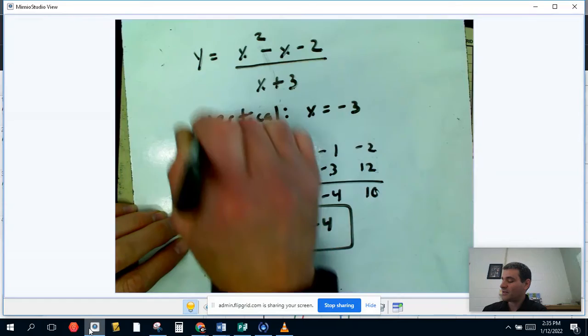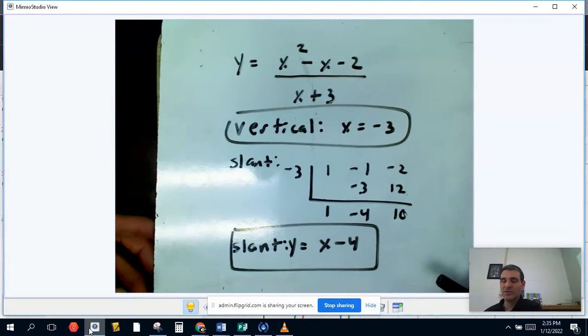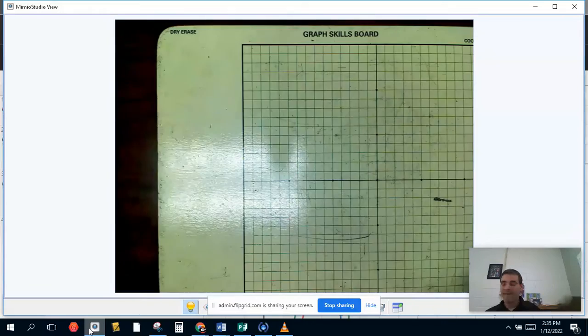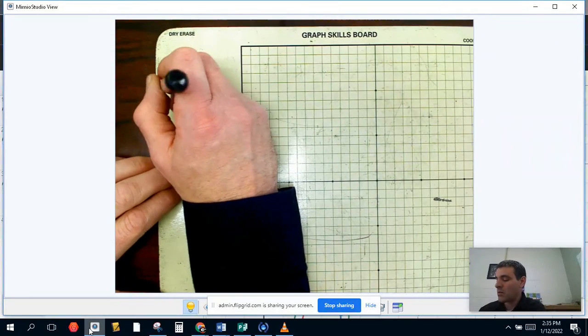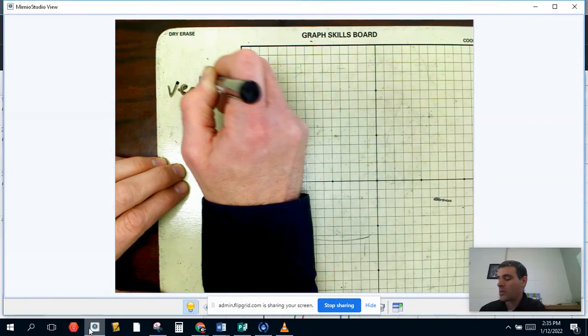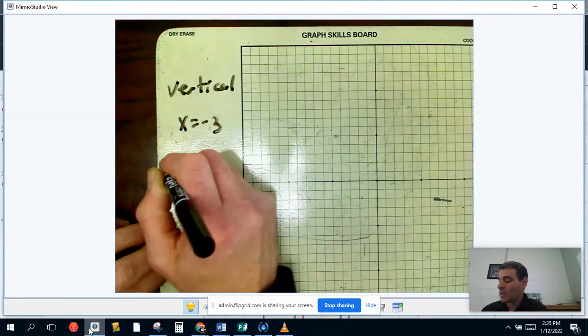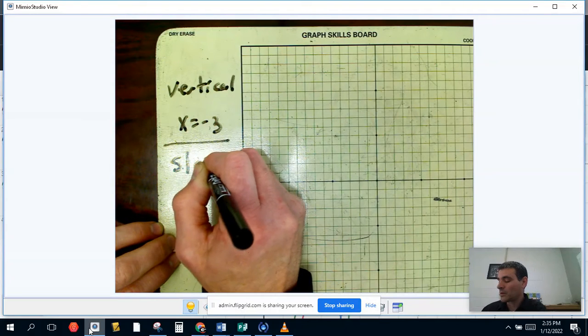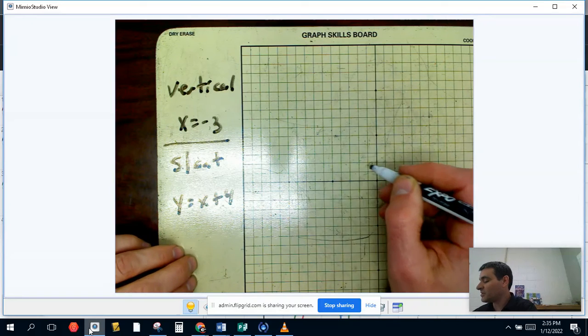So I'm going to take this and try to draw a picture. X equals -3 and y equals x minus 4. X equals -3. Y equals x plus 4. A little bit easier to see.